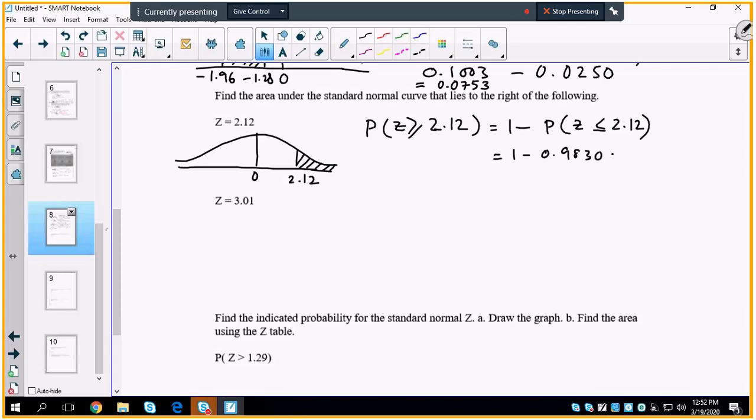0.9830. I do the subtraction, I get 0, and then 9 minus 3 is, actually that should be 7. 10 minus 3 will be 7. 9 minus 7 will be 2, and 9 minus 9 will be 0. So it's 0.0270.